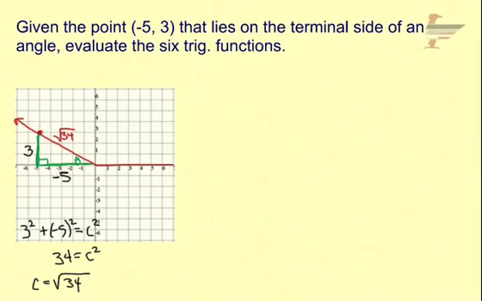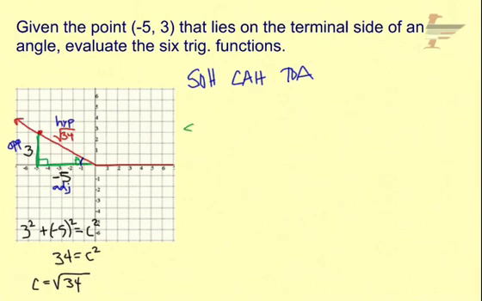Since everything is in terms of theta, which is right here at the origin, we can label our 3 sides. We know the opposite is over here, hypotenuse and adjacent side. And now if we just remember SOHCAHTOA, we'll be set.